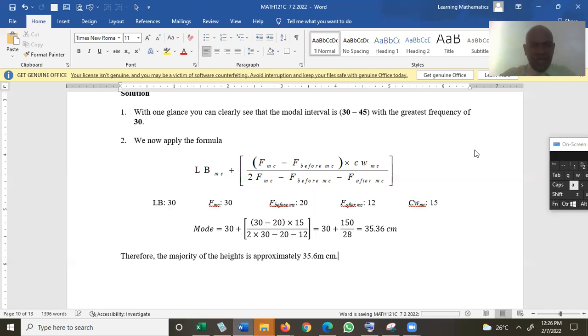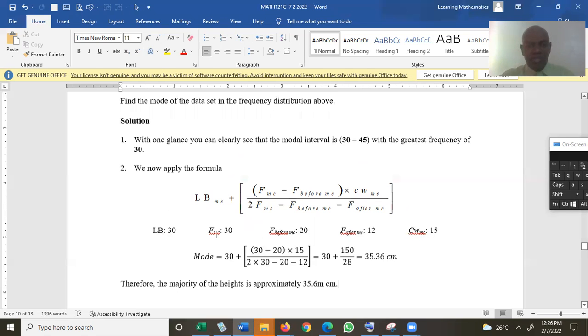That is the mode for an interval distribution using the formula for mode for an interval distribution. So please practice this with your assignment question.